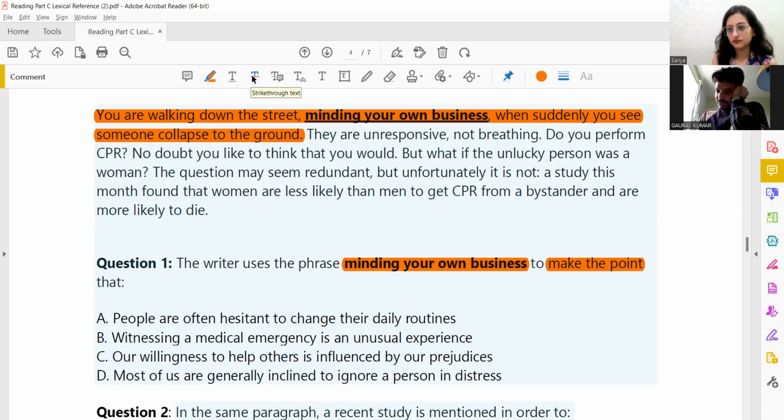Our willingness to help others is influenced by our prejudices. Most of us are generally inclined to ignore a person in distress. There's nothing saying that most of them mind your own business.